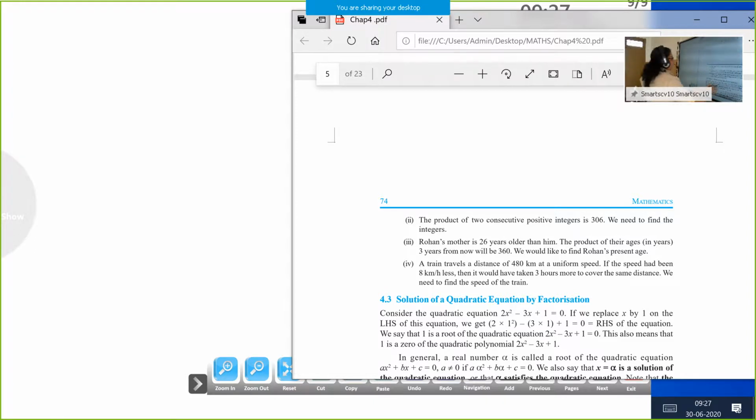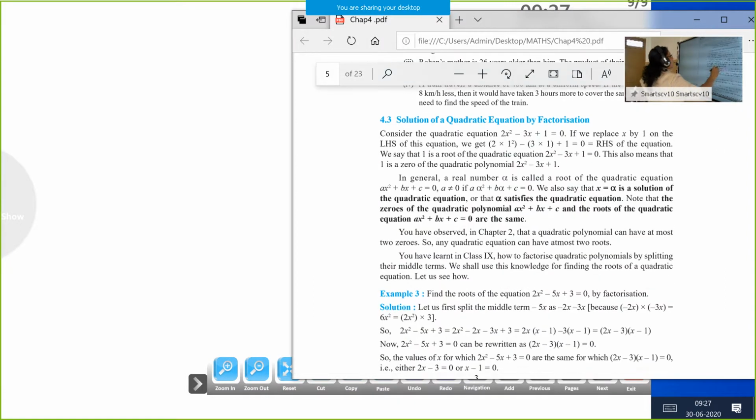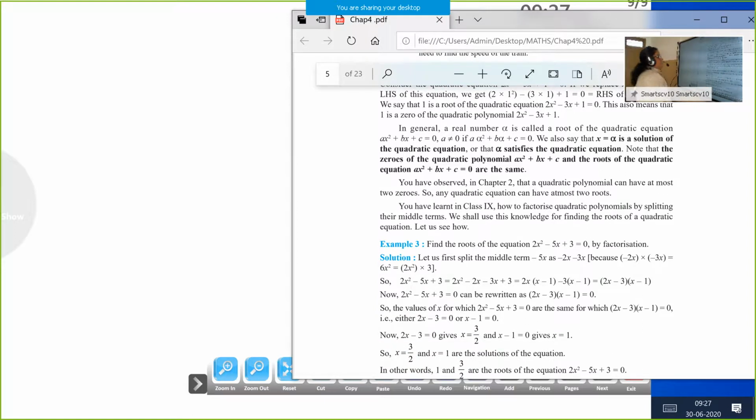Then we pass on to the next topic, solution of the quadratic equation. A real number alpha is called a root of the quadratic equation ax square plus bx plus c is equal to 0, with a not equal to 0, if a alpha square plus b alpha plus c is equal to 0.